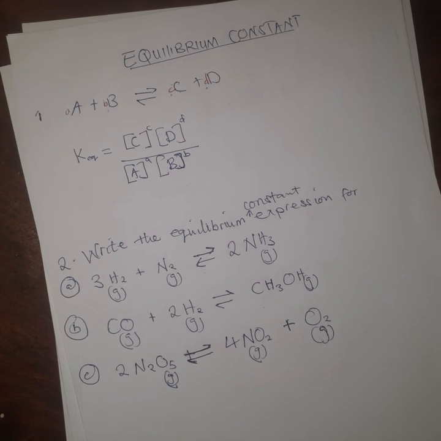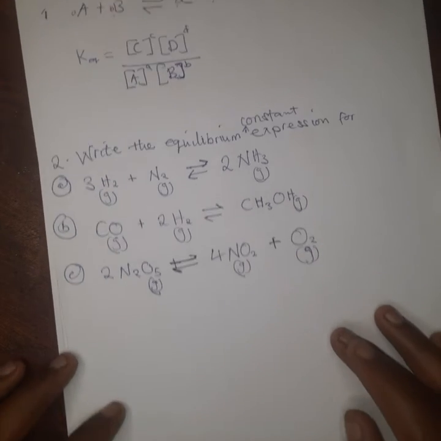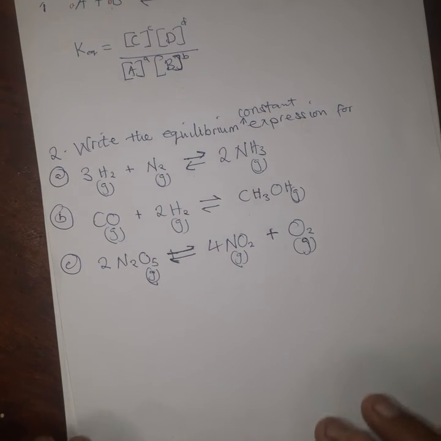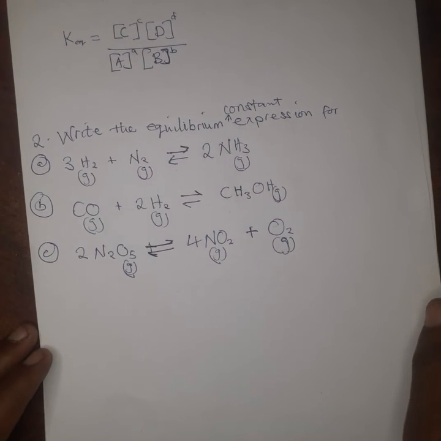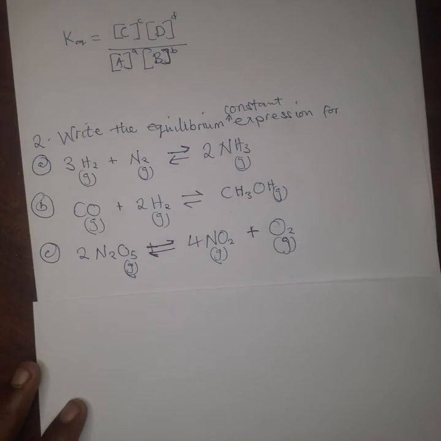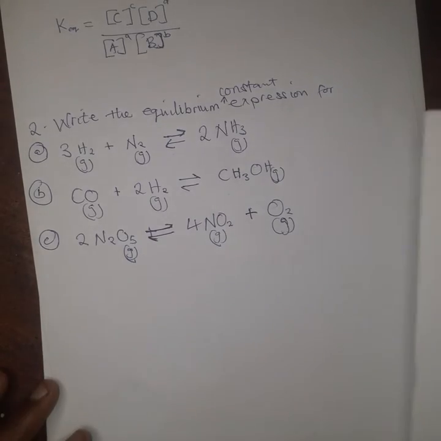Now the actual equations which we have, I have 3 of them here, so we'll be going through them one by one as fast as possible. Okay, so I'll use the other paper.